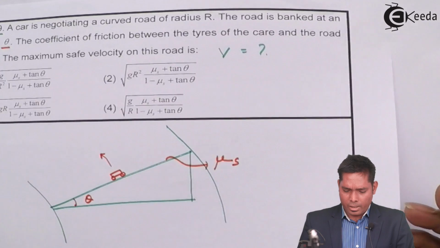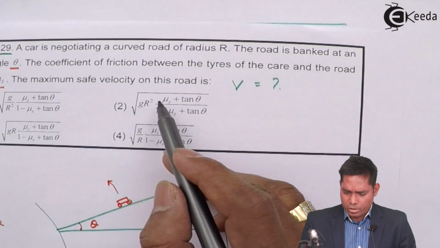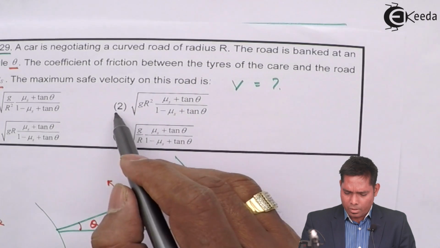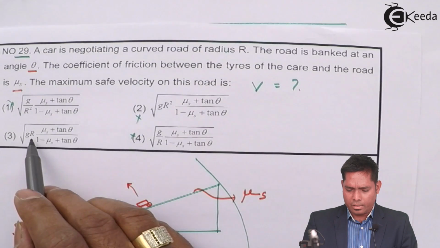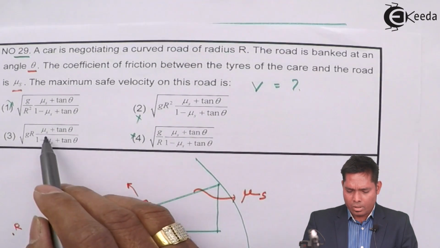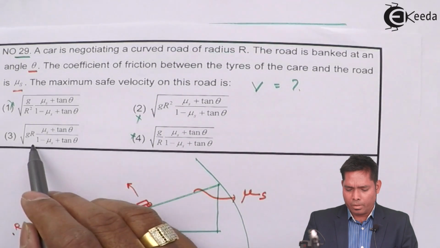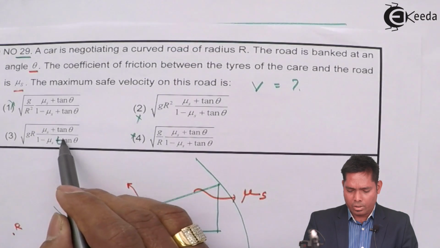If you see the options, then it should be gR. This is not gR, this is not gR, this will not be the options. This is also not the options. This is the only right answer, under root of gR bracket mu s plus tan theta by 1 minus mu s tan theta. This is not plus, this is mu s tan theta.